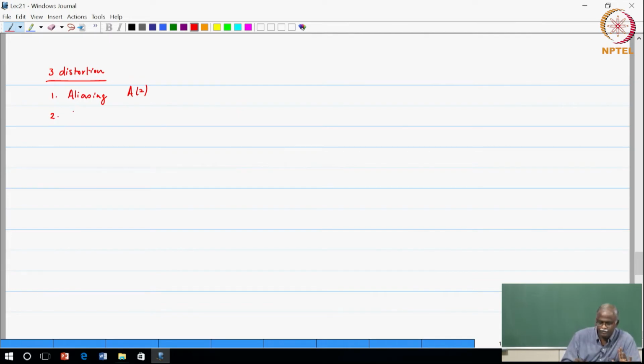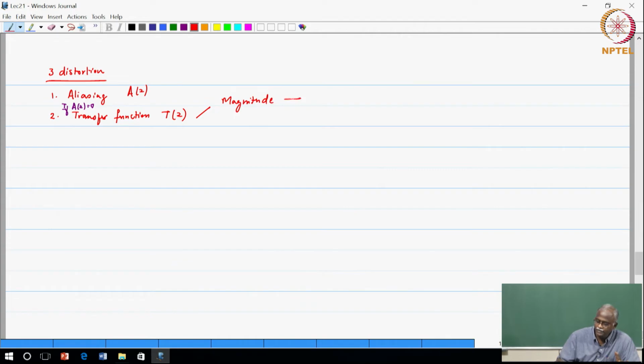Then the transfer function becomes T of z. If A of z equal to 0, then the transfer function now is T of z, which can have magnitude distortion.